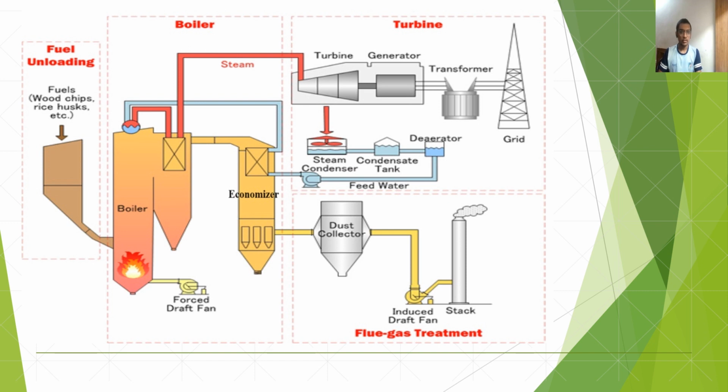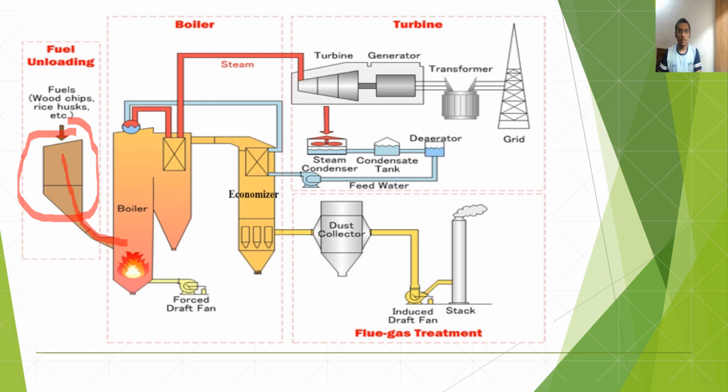This is a feeder. You can see this part is called a feeder. The use of this part is to transfer biomass fuel from the storage hopper to the combustion chamber.